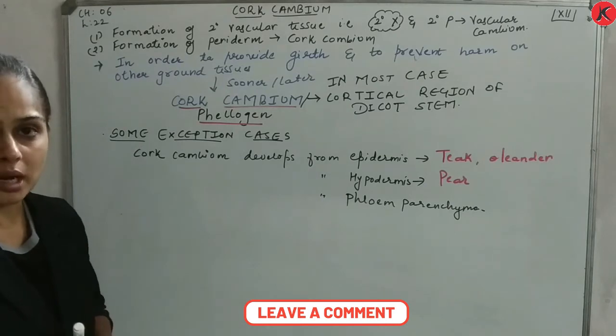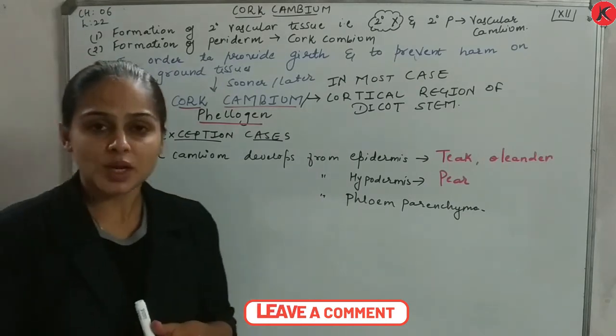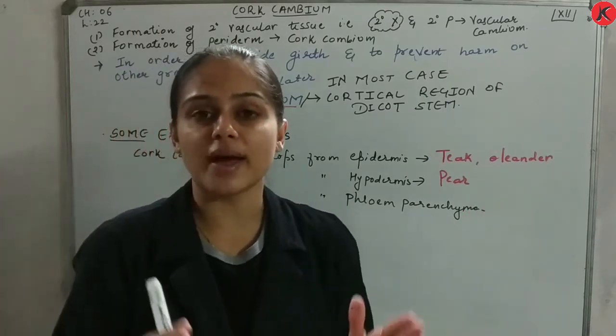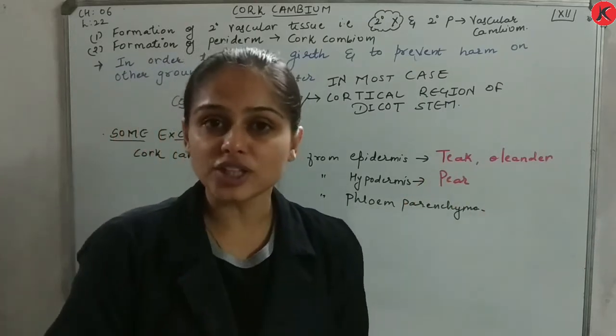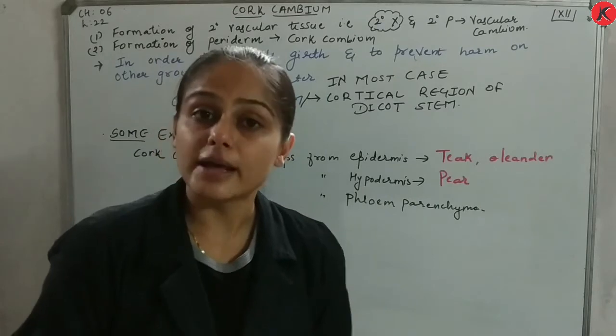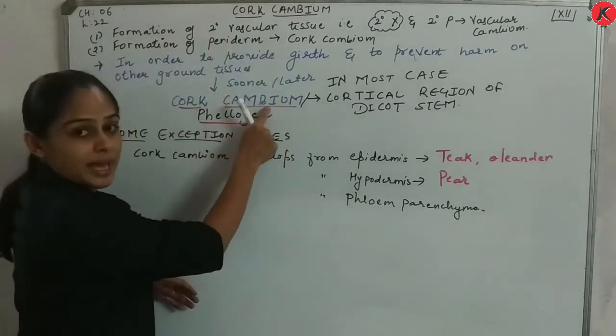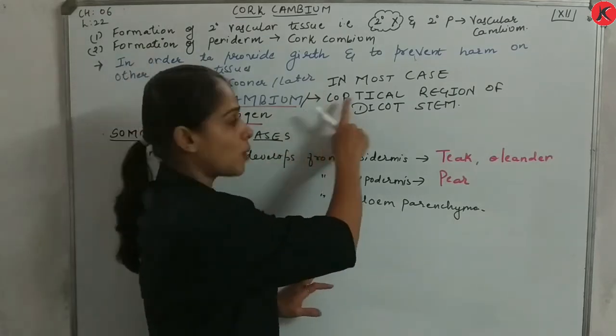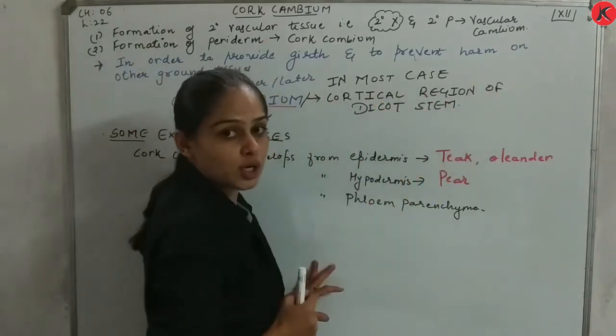मैंने आपको क्या बोला? Once again what I am saying, to provide girth and to prevent harm to ground tissues, there occurs development of cork cambium, जिसको आप phellogen भी बोलो, most probably develops in cortical region of dicot stem.